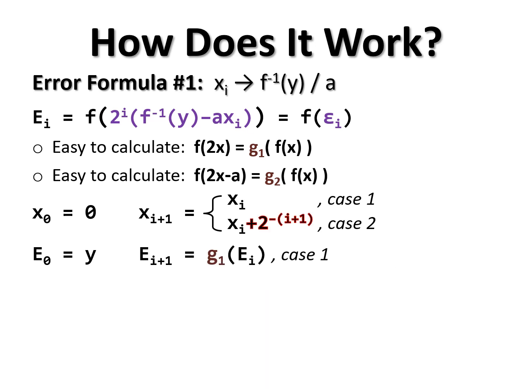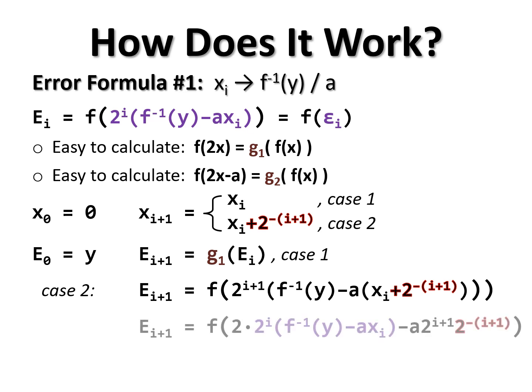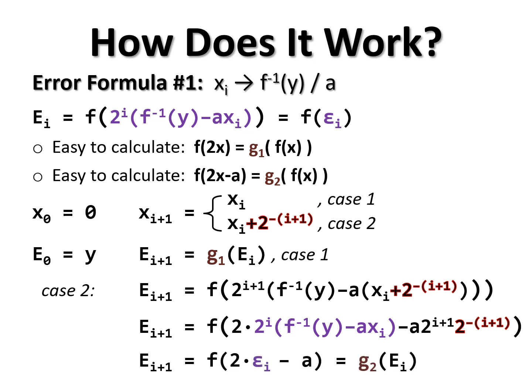Now let's figure out the error value for case 2, when we add a 1 bit to x. So we make that substitution for x sub i plus 1, do some algebra, and there's f of 2 times epsilon minus a, which is g2 of e.